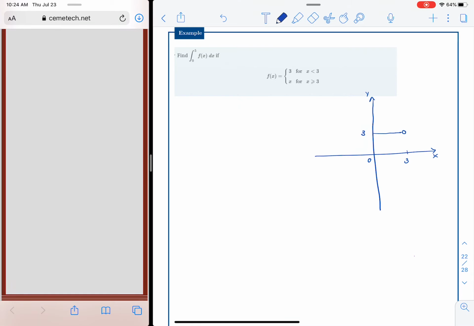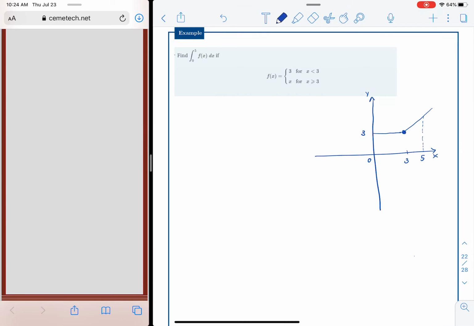However, the next bit, which is x greater than or equal to 3, includes 3, so that open dot would become a closed dot, and it'll keep on going. But we only care up to 5, because that's what the problem is.